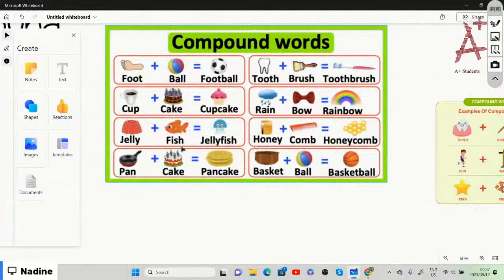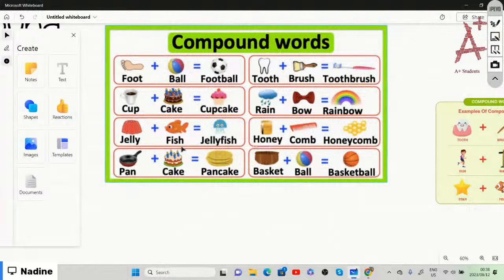We have a cup plus a cake, and a cup plus cake creates the compound word cupcake. Then we have jelly plus fish. It's jellyfish. Then pan, an actual pan plus a cake, right?